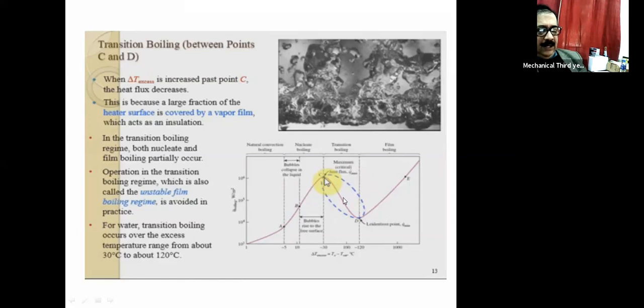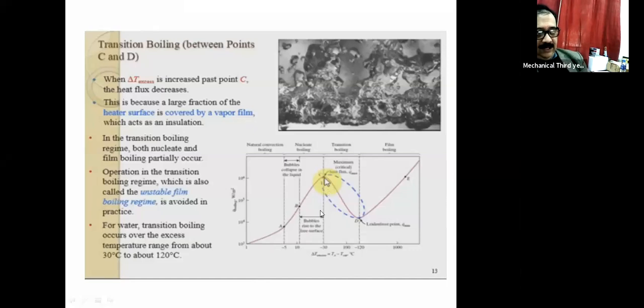Now, this particular zone, if you divide it into a right and left part, you will find that there is a mix of the regimes. In the transition boiling regime, both nucleate and film boiling partially occur. That is why this zone has been mentioned as transition boiling.